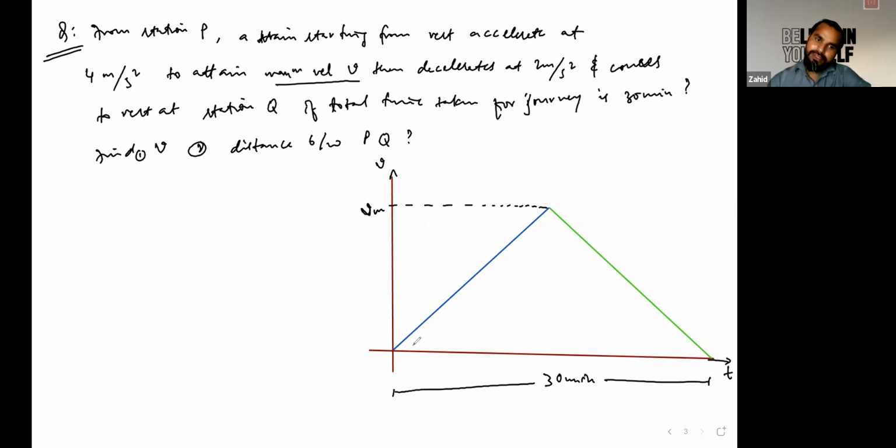This is your acceleration for the first part, let's say it is alpha, which equals 4 meter per second square. And this is decelerating from this point, negative acceleration, so let's call it beta as 2 meter per second square. This is the whole question.